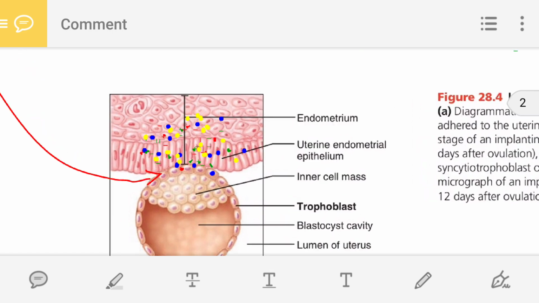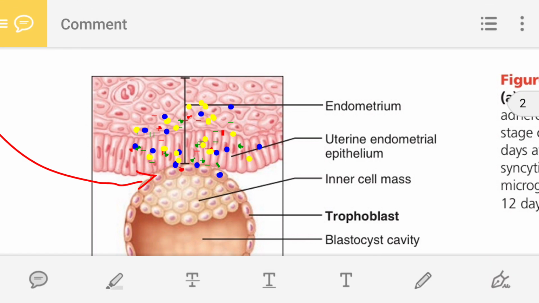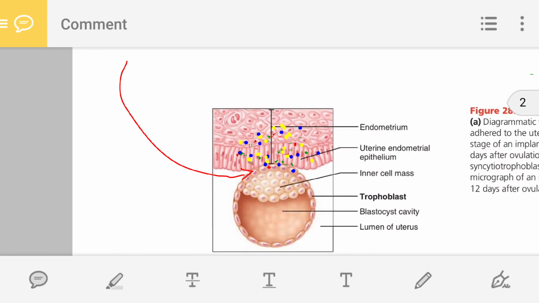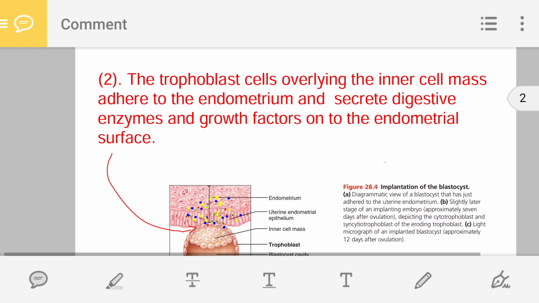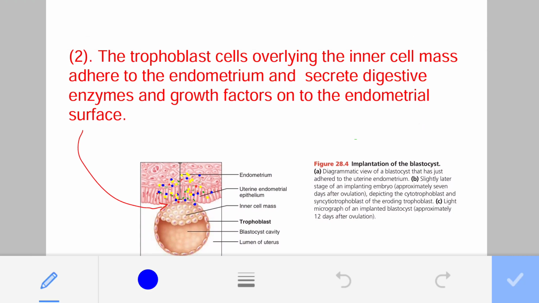As you can see here, these are the trophoblast cells, and they are just adhering, just touching the endometrium.